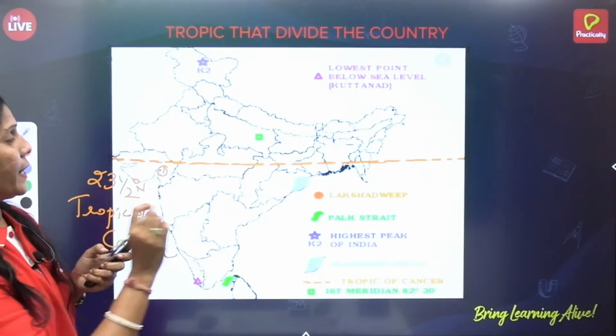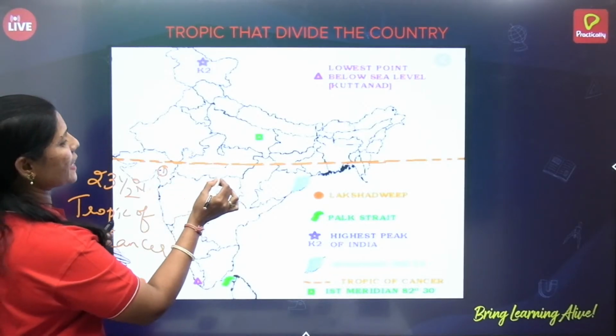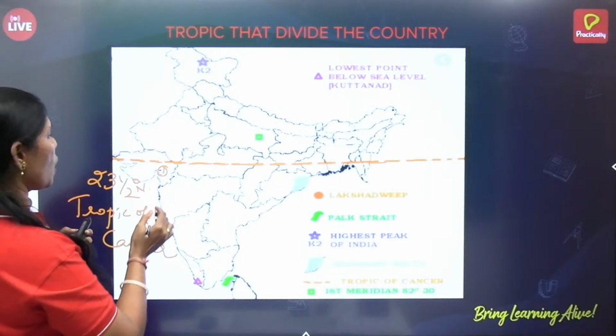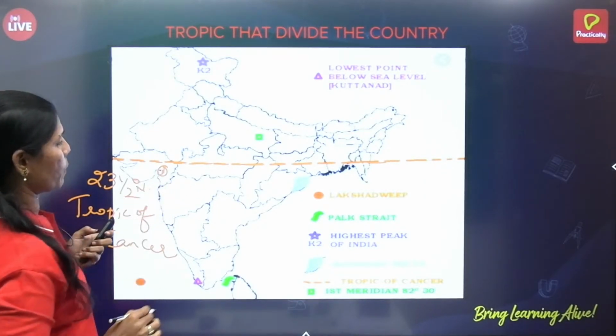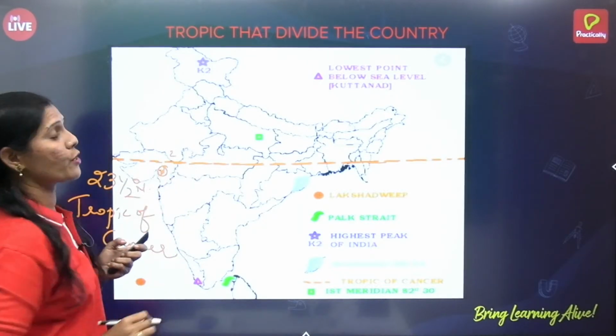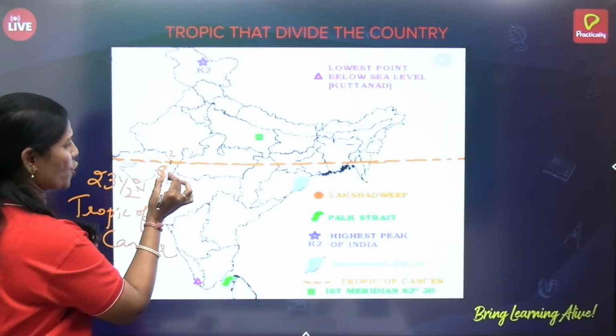So this line passes through different states in India. Let us now number them. The first state, Gujarat, and the second state, Rajasthan, is just touching here.